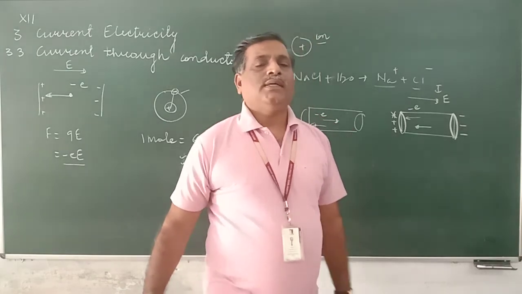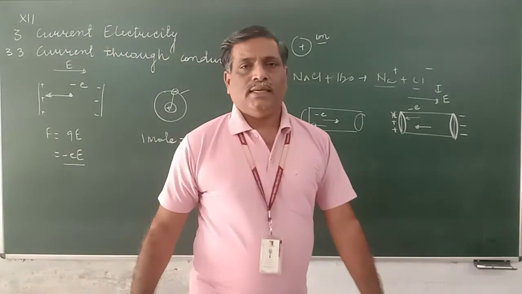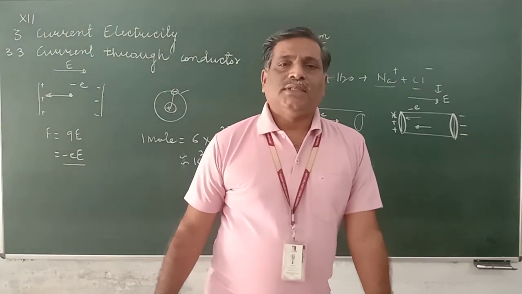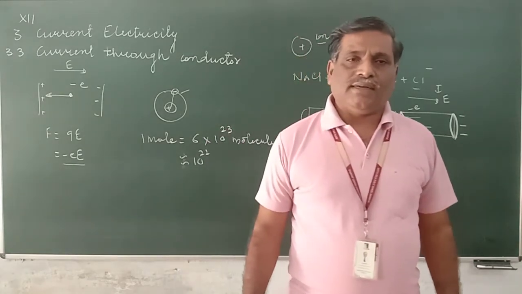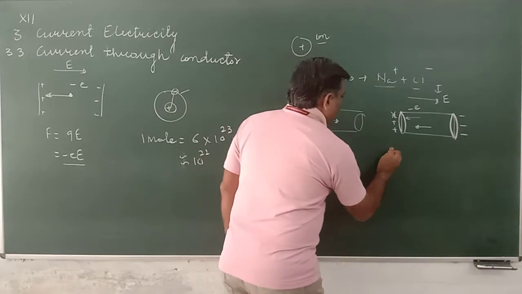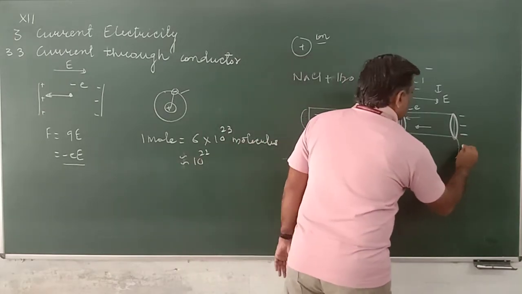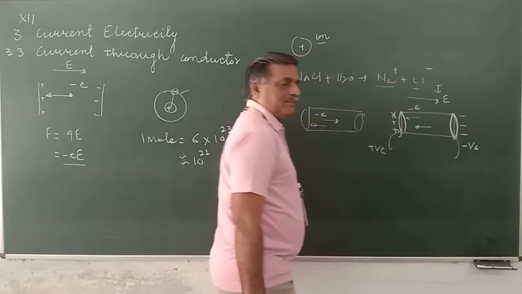But if we want continuous current, a steady current, current for a long time, such current is called a steady current. For continuous current, one has to keep on supplying positive charges to this plate or negative charges to the other plate.